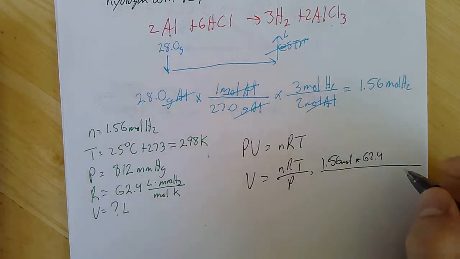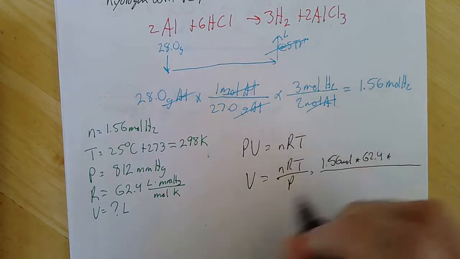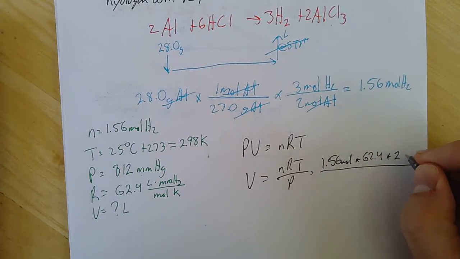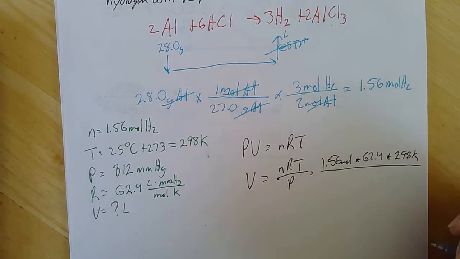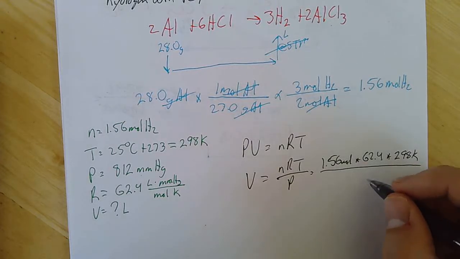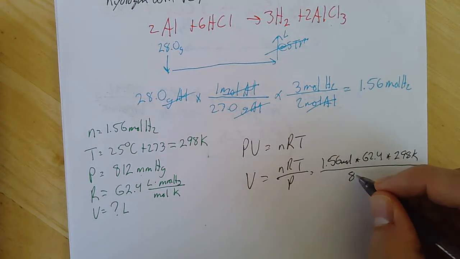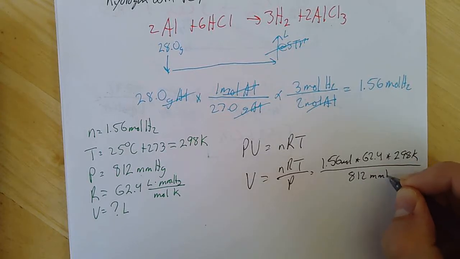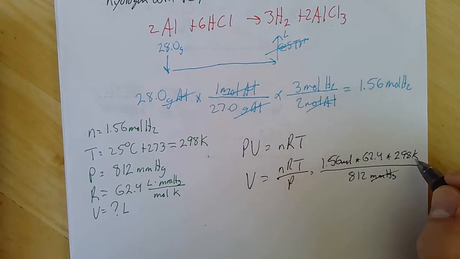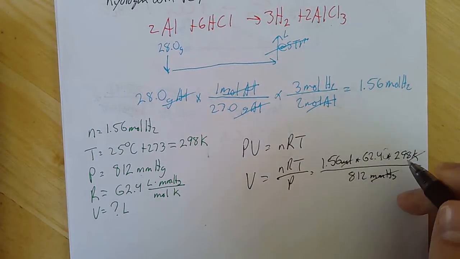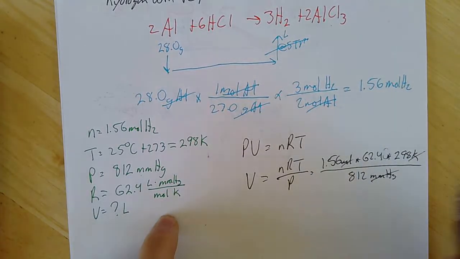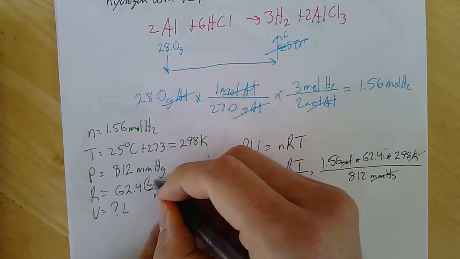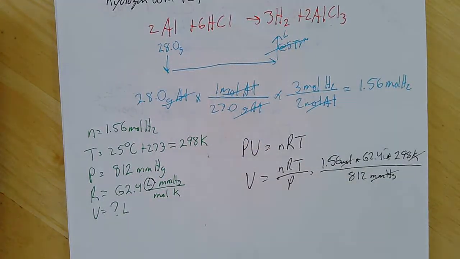I'm going to forego writing all those units in, we know they work out at this point. And my temperature is 298 Kelvin, divided by my pressure, 812 millimeters mercury. The millimeters mercury will all cancel, so the only thing left is liters, which is good because we're finding a volume.